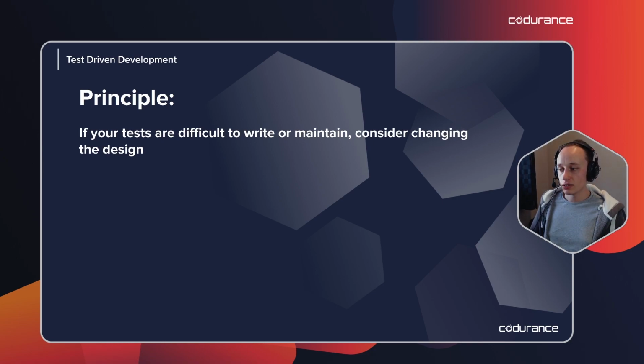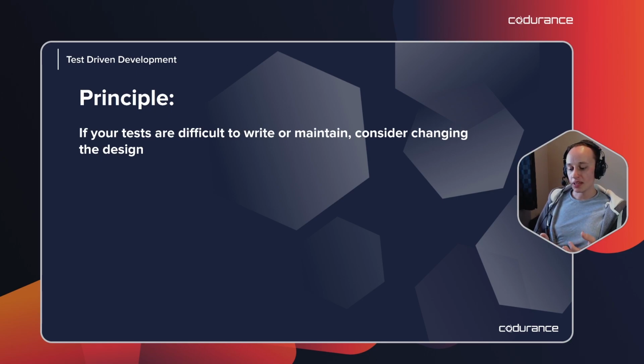If you're finding your tests are difficult to write or maintain, if you're finding that when someone adds a new feature or changes something, suddenly it's causing a lot of maintenance costs in your tests, or if you're finding in writing new tests, you're writing a lot of duplicated code you've had to write before, don't just put up with that. Think about ways to design either your production code or your test suite better that will make this easier to do, and it will pay off in the long run because you can be writing a heck of a lot more of these tests, and you want your test suites to be working really nicely, and you want your production code to be well designed and easy to consume, right?